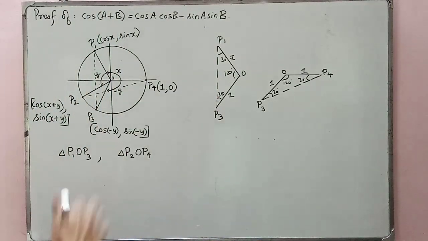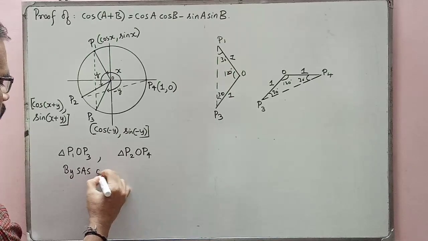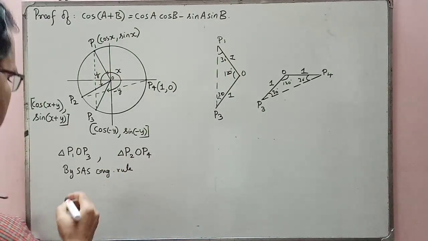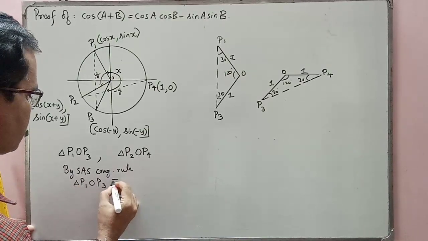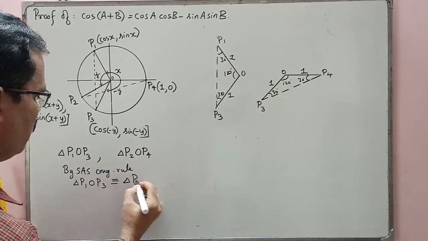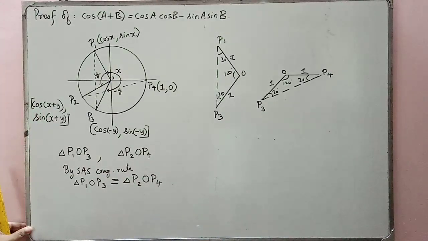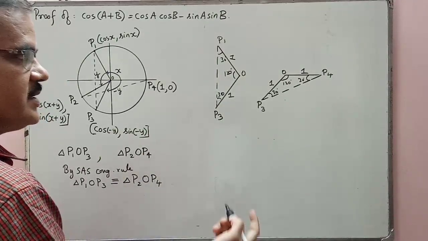So from this we can see, by the SAS congruence rule, these two triangles become congruent. Triangle P1 O P3 is congruent to triangle P2 O P4. Okay, children. We know that in congruent triangles, corresponding sides are always equal.